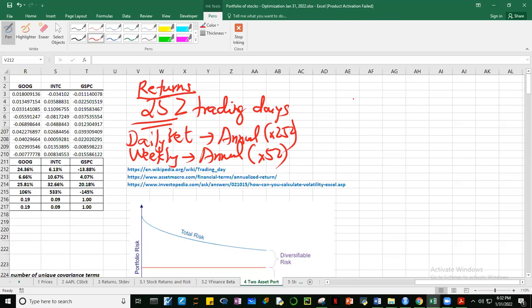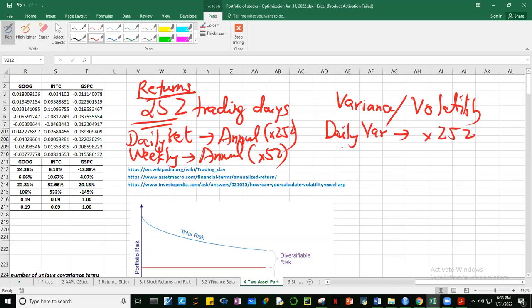The same thing, guys, for variance. For variance or volatility, ganon din yun. So for example, daily variance yung meron natin, daily var to annual times 252. Okay? Get the idea, guys?